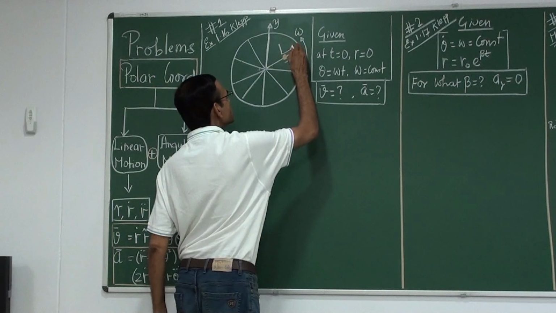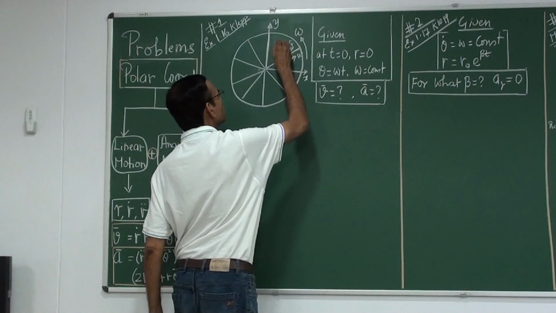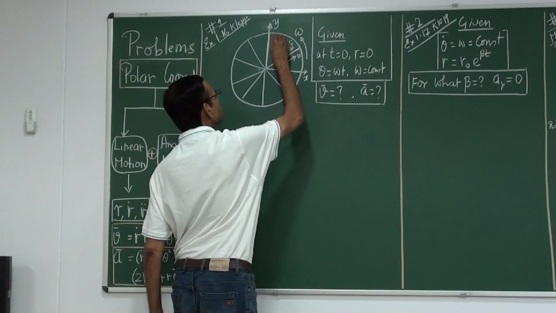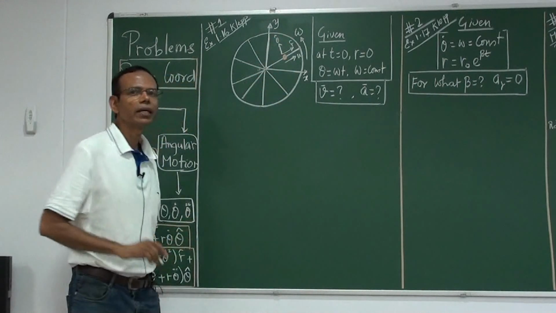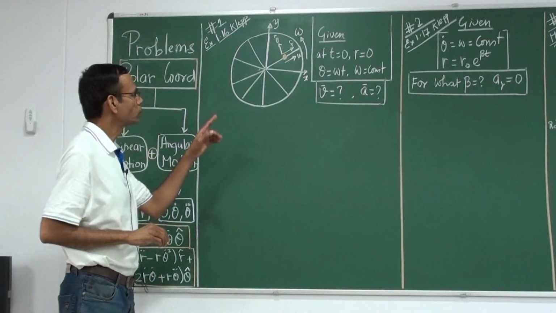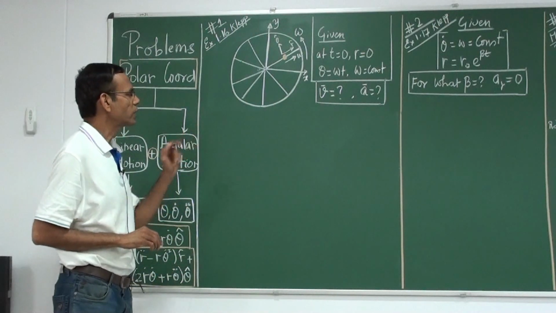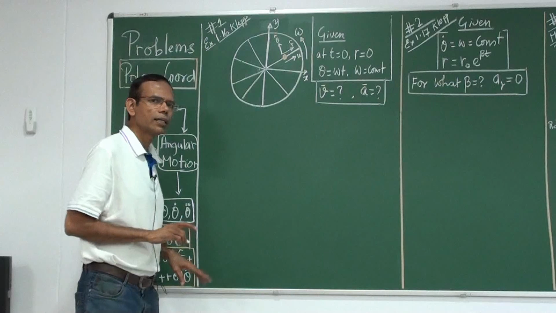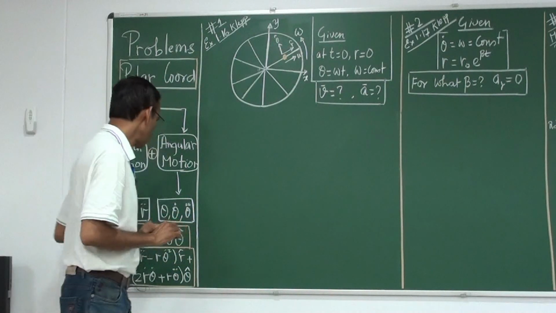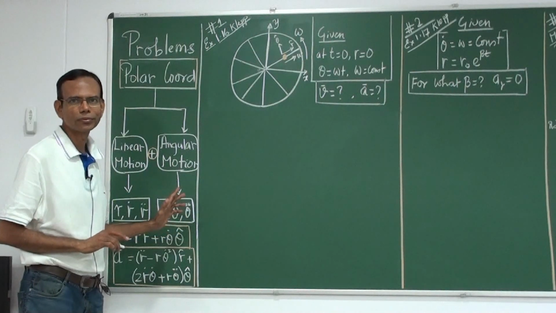So let us take, this is your r cap pointing away, and perpendicular to it is theta cap in the direction of increasing theta. Now we have to calculate velocity and acceleration, but it is always easier if we calculate all these 6 quantities before.